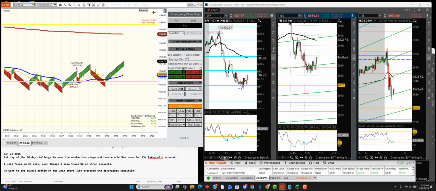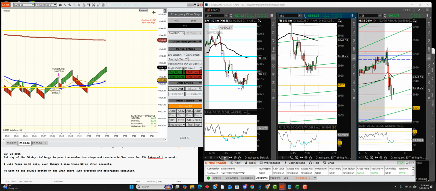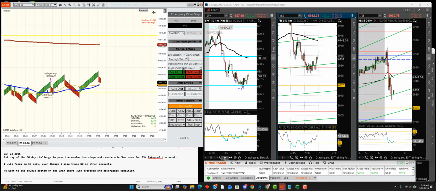This was a good long actually. See how it broke the 50 level and now wants to go higher. Needs to stay above this level.